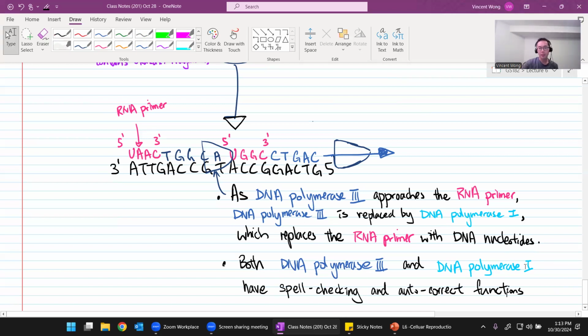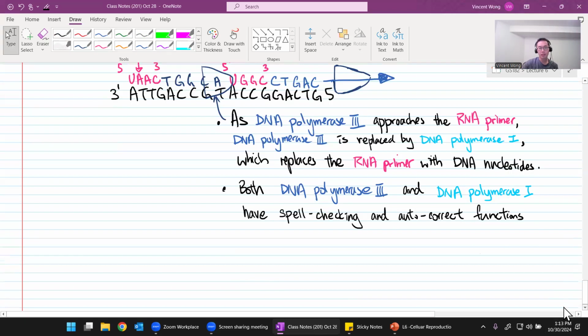So it's a lot like typing. When you're typing something and you made a mistake, what do you do? You press backspace, right? And then you type in the correct one. So when DNA polymerase 3 moves along, putting the C and the G and the A, if it realizes it made a mistake, it's gonna take out the mistake and then replace it with the correct nucleotide.